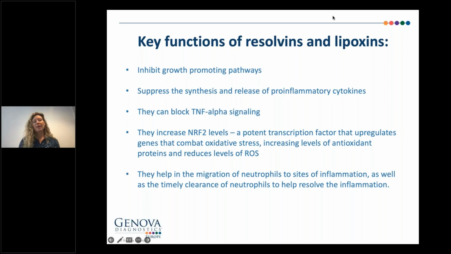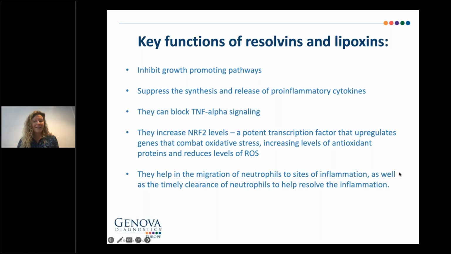They also help in the migration of neutrophils to sites of inflammation. And of course, neutrophils also need to be cleared from the site of inflammation in a timely way after acting on a particular pathogen. The balance in the neutrophil life cycle is essential to avoid damage to the tissues.